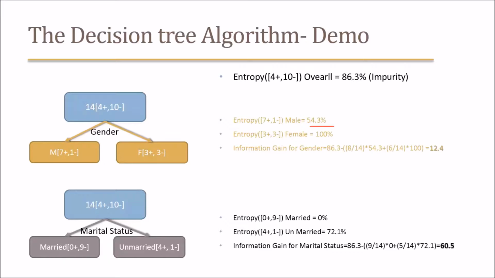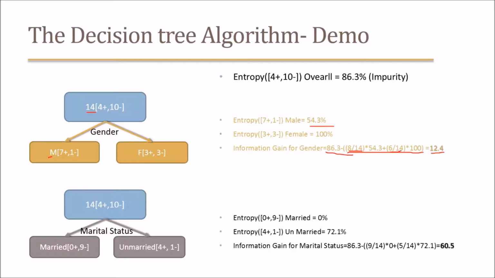Node weightage can be found from the number of items within that node: out of 14, 8 are male, so that is 8 by 14. So 6 by 14 is the female node weightage. So the information gain is entropy before the split, that is 86, minus entropy after the split. So for gender the information gain is 12.